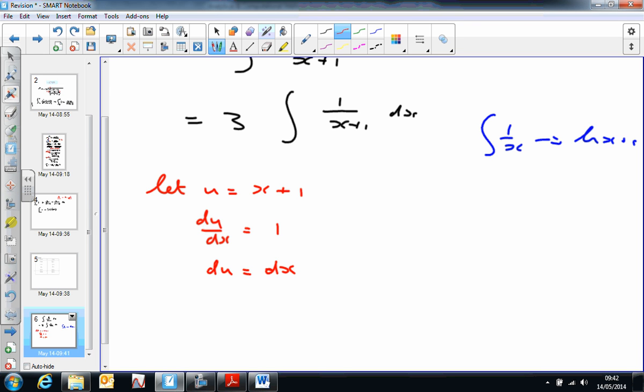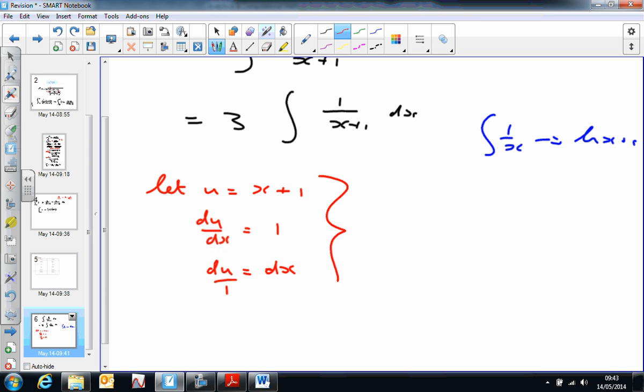In fact, if we bring the dx up here, because that's what we actually do, and the 1 down here, so actually we've effectively got dx equals du over 1. In other words, whatever this number is goes underneath, if you remember us using this idea.